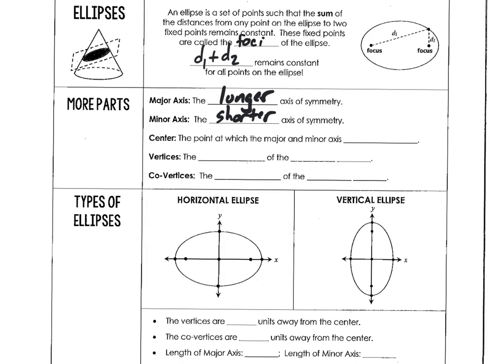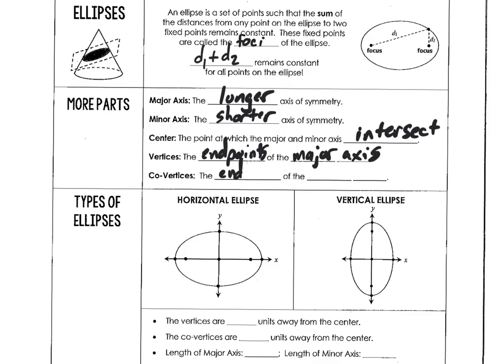The center is where those two axes intersect one another. There's a point right in the middle, as you can see down here. That would be the center of the ellipse, just like we would think. The vertices are the endpoints of the major axis.